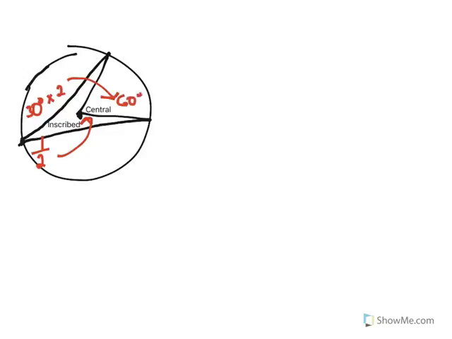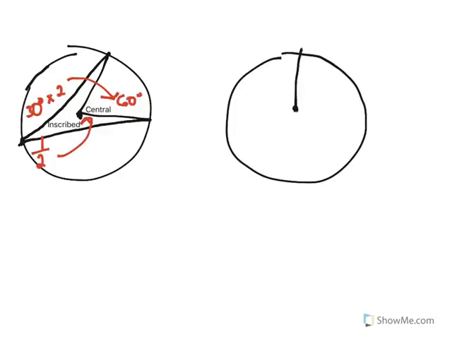So therefore, we can make a general rule for inscribed angles and central angles, where if the inscribed angle is A, the central angle is going to be 2A.